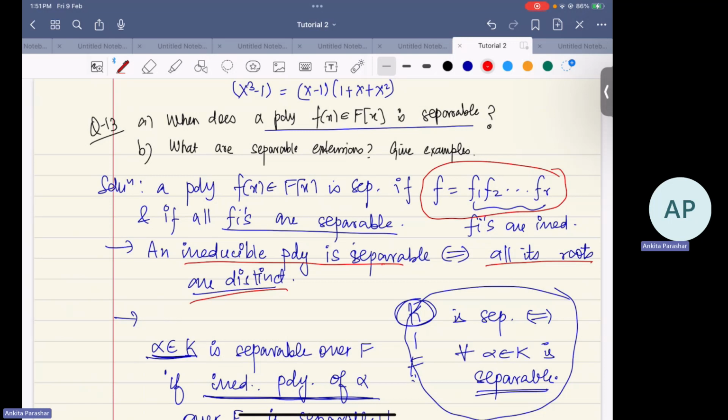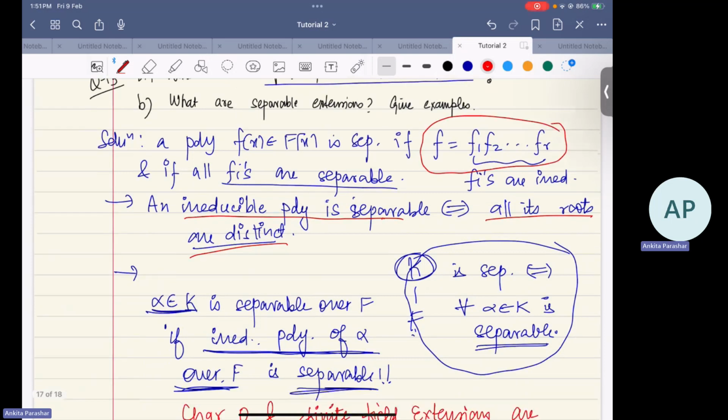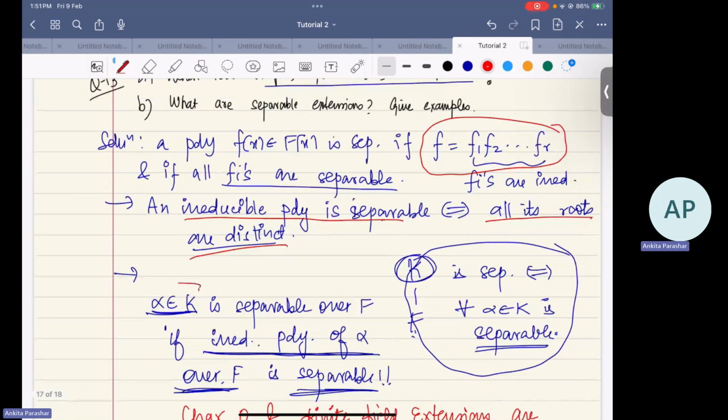So basically, a polynomial is separable if its irreducible factors have distinct roots. An extension is separable if every element inside your extension is separable. An element inside a field is separable if its irreducible polynomial over the base field is separable. And an irreducible polynomial being separable means all its roots are distinct. This is more or less the definition, just repetitions of things.